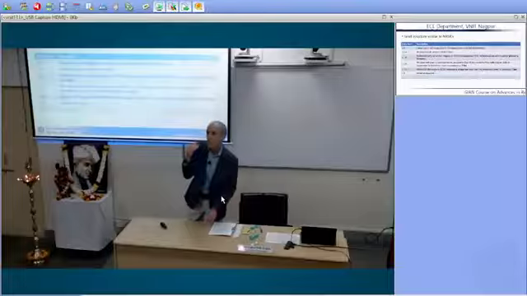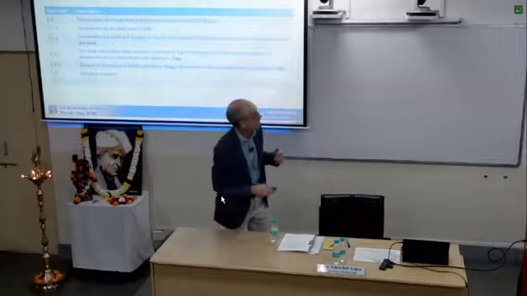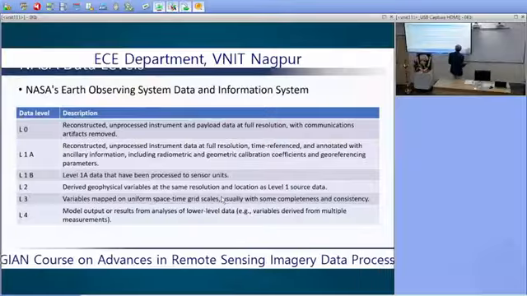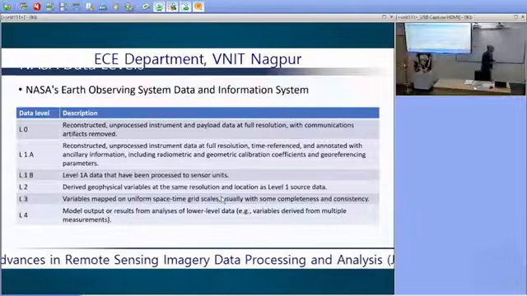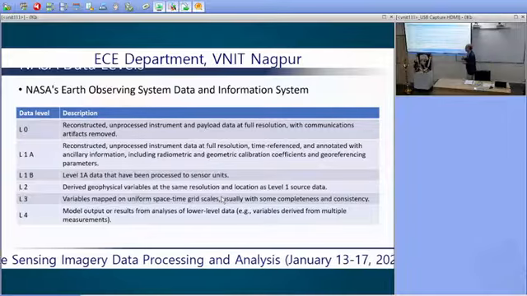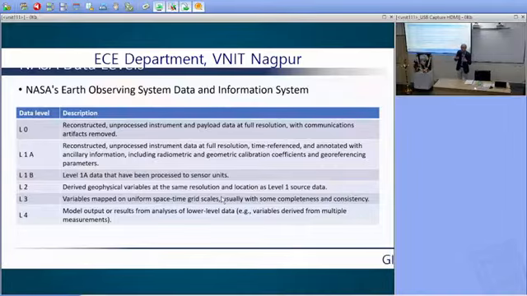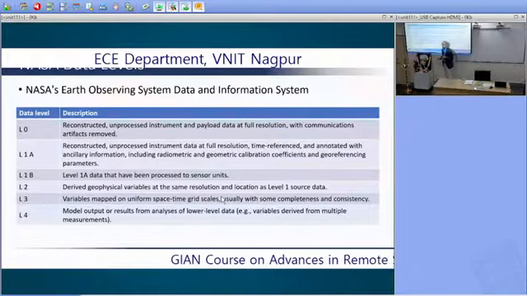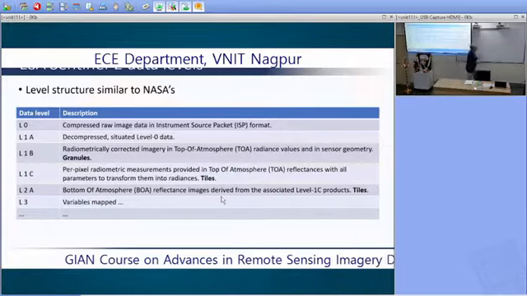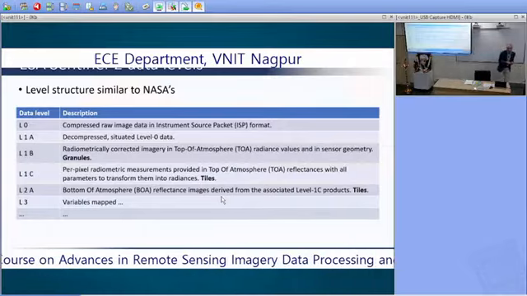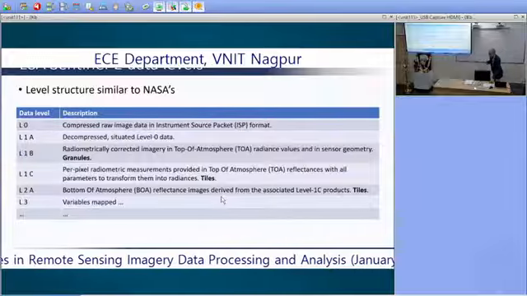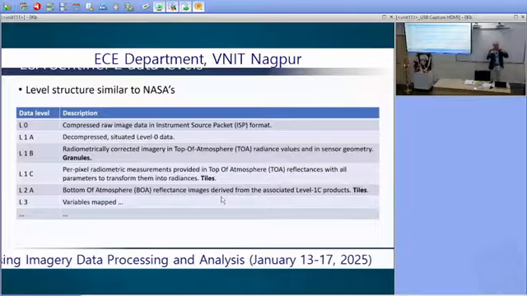So this is the concept of data level, and it was originated by NASA in the 80s when processing of the Landsat data was taken on, in order to have a common reference between the scientists who were learning how to work with this type of data. It was found convenient and it's still adopted and it became official. So remember what level of data you're working on.